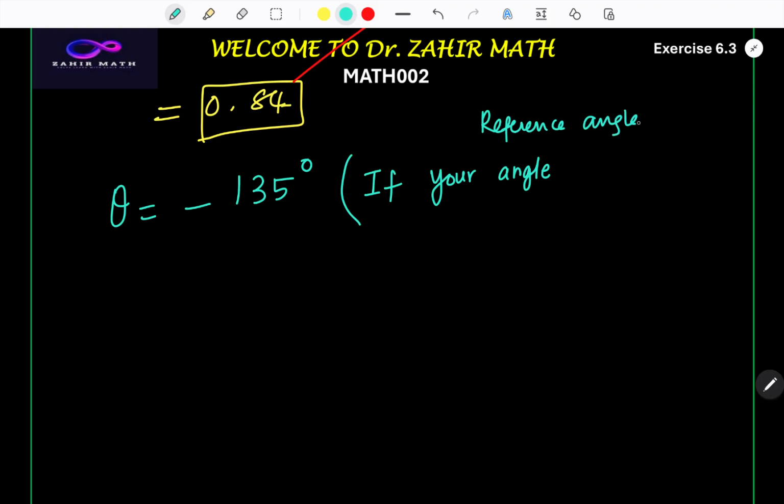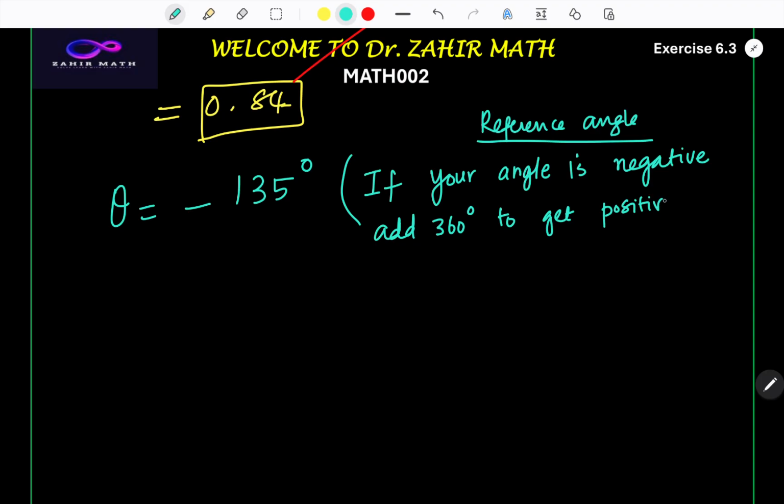If your angle is negative, add 360 degrees to get a positive angle within the standard range.